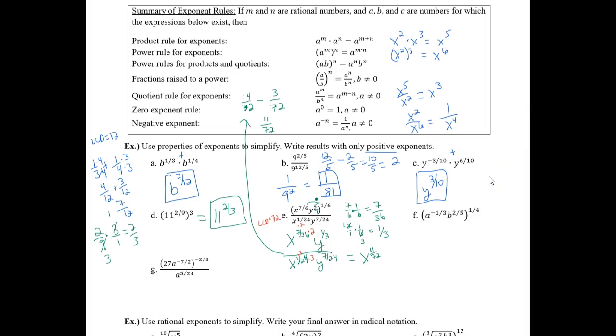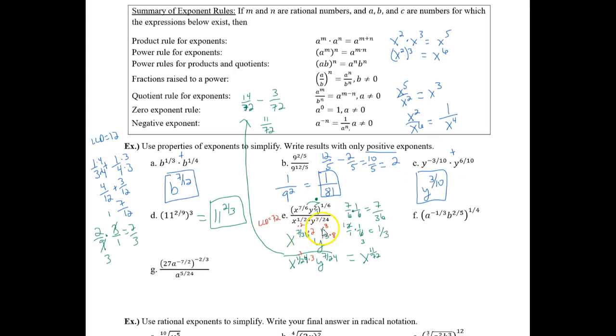The LCD of 3 and 24 is 24. So over here I just have to multiply by 8 to make that common. And now I have 8/24 and 7/24. Again, I want to do the big minus the small.